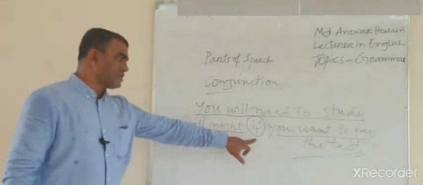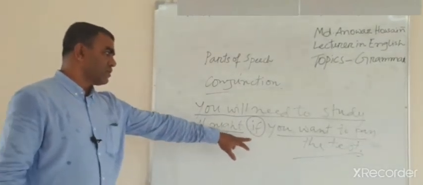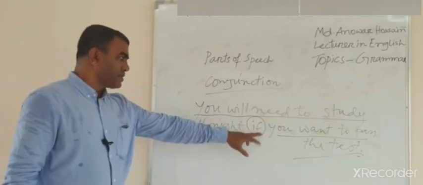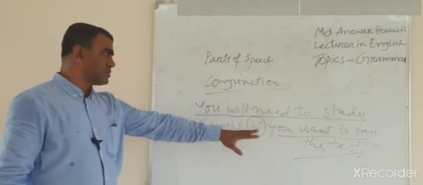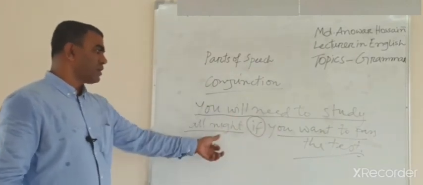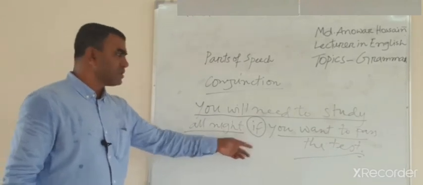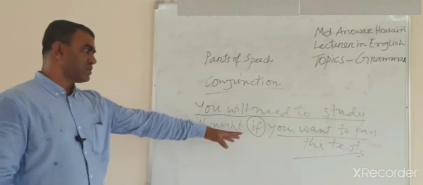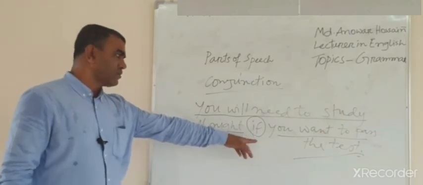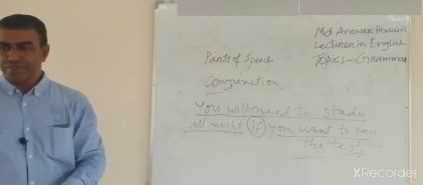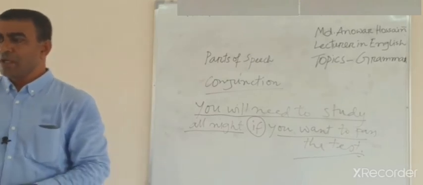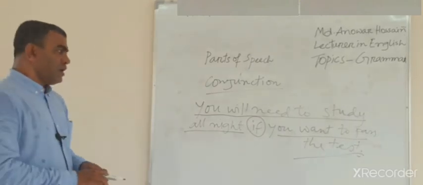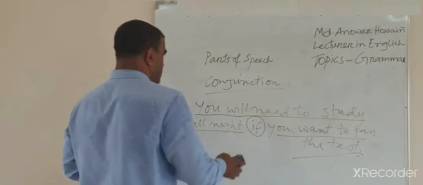Now what it does is connect or add the two parts of this sentence. You will need to study all night is an independent sentence. You want to pass the test is also an independent sentence. These two are added with the help of if. And this is a conjunction. And the last is interjection.